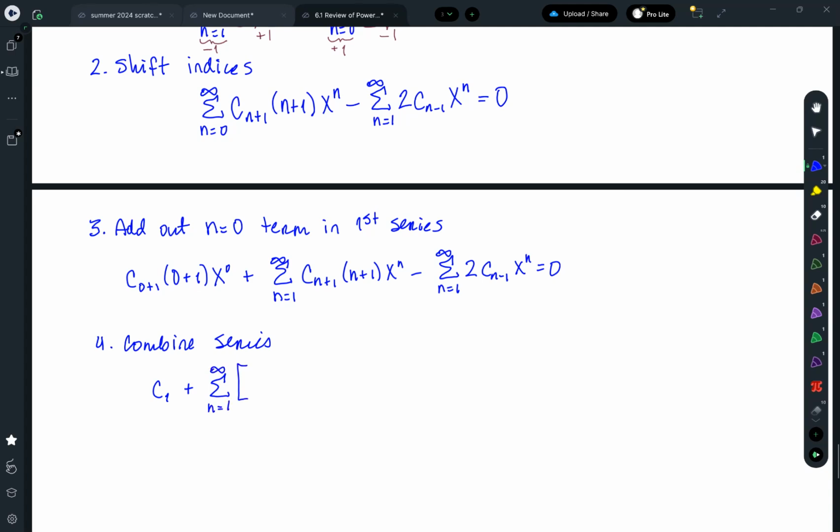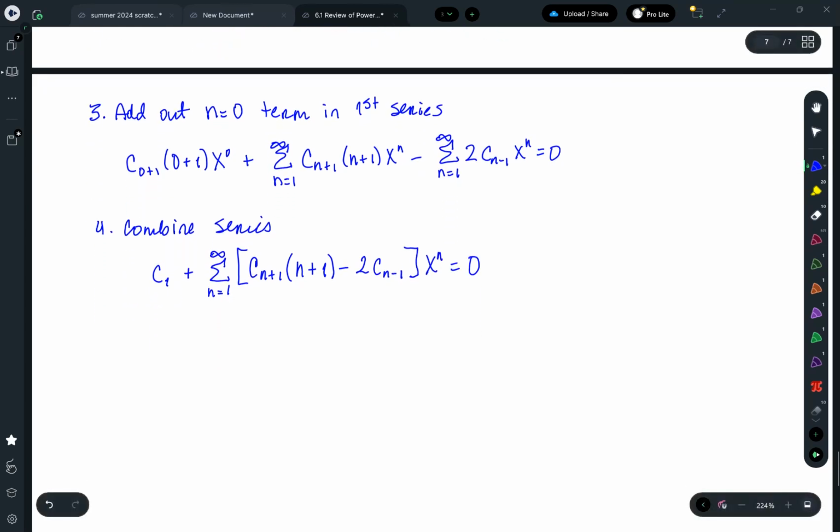That leaves behind my coefficients. So I'm going to factor out my sigma notation on the left and my x to the n on the right. So my coefficients are c sub n plus 1 times n plus 1 minus 2 c sub n minus 1, close the parentheses, times x to the n equals 0. Okay.